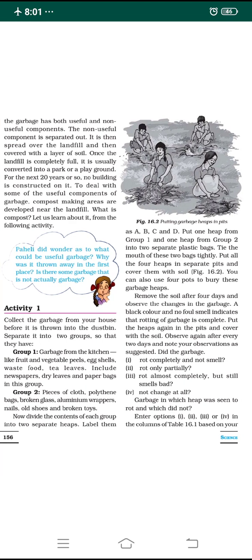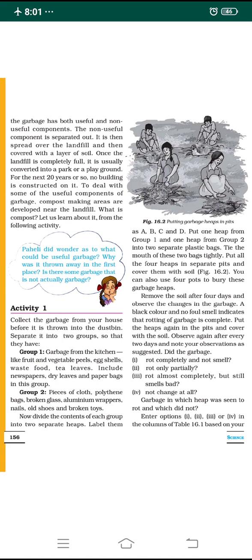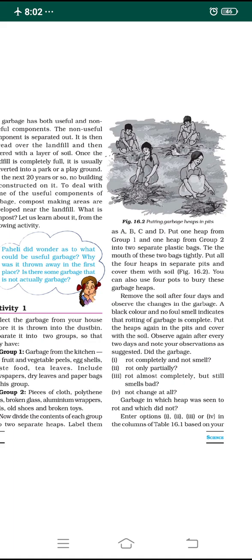Now you have to divide the contents of each group into two separate heaps. Label them A, B, C and D. Put the heaps from group 1 and group 2 into separate plastic bags, and tie the mouths of the bags tightly.